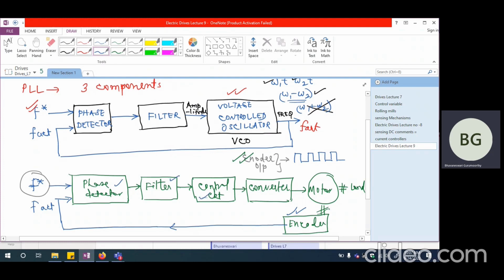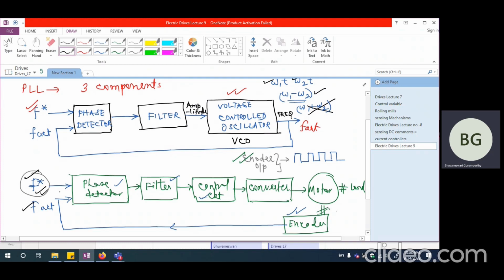So the control circuit will adjust the firing of the converter in such a manner that you ultimately get the reference frequency matching that of the actual frequency, which means we are going to get the required speed. The encoder will keep giving the speed signal in the form of frequency, and that frequency will be adjusted until it follows exactly whatever is F star.